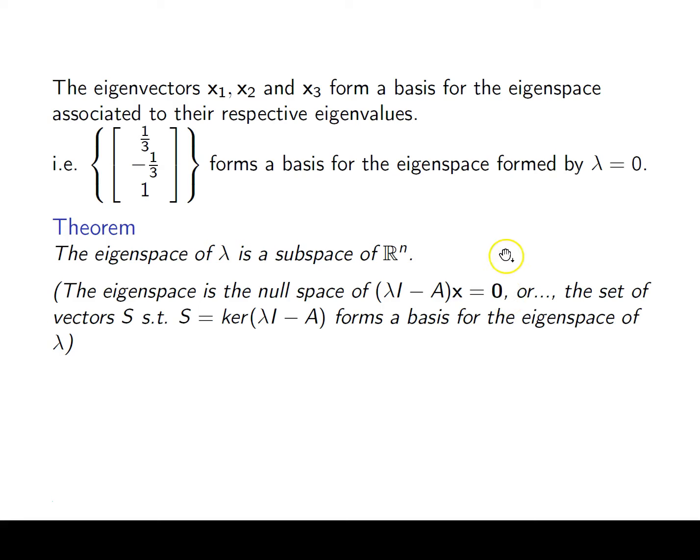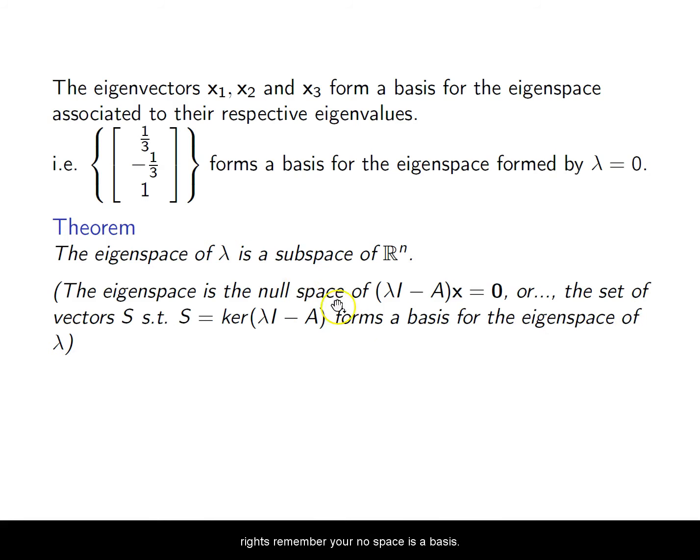So the things that go to 0 are the null space, the things that go to 0 are the kernel, right? And these things are a basis for the eigenspace of lambda, right?